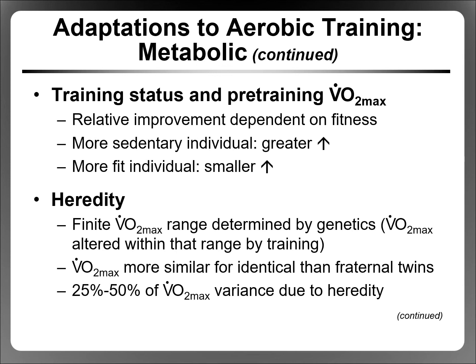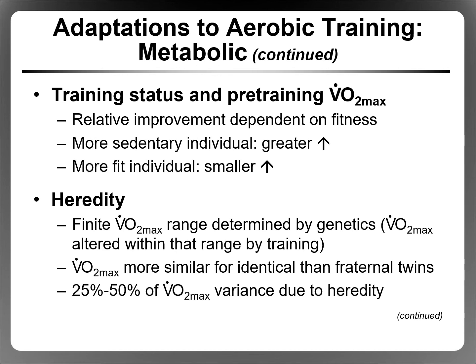So identical twins are obviously genetically identical, and fraternal twins, even though they are born at the same time, are truly siblings and have their own unique genetic components. We have noticed this, and we've done the studies here, that the VO2 max is going to be more similar for individuals who are identical twins, so genetically the same, as opposed to fraternal twins, which are not genetically the same. This kind of supports the fact that everybody has a genetic ceiling.